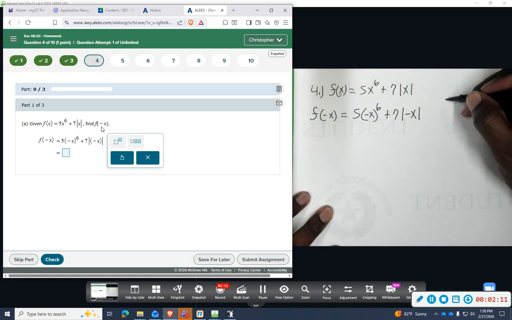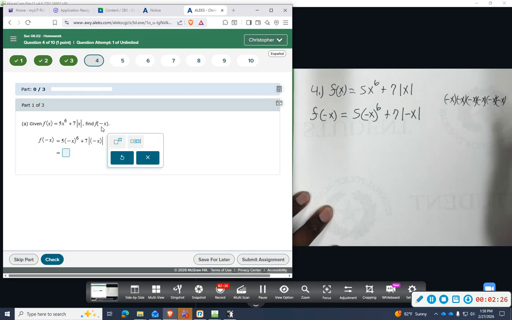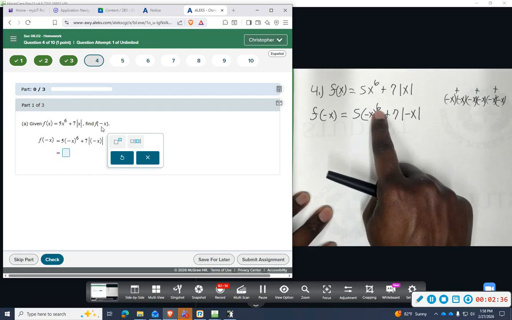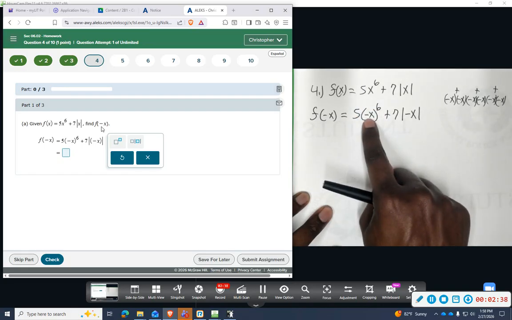So we're multiplying all of these together. What you would need to notice is that negative times a negative is a positive, negative times a negative is a positive, and negative times a negative is a positive. If you have an even power, this will always go back to being positive.